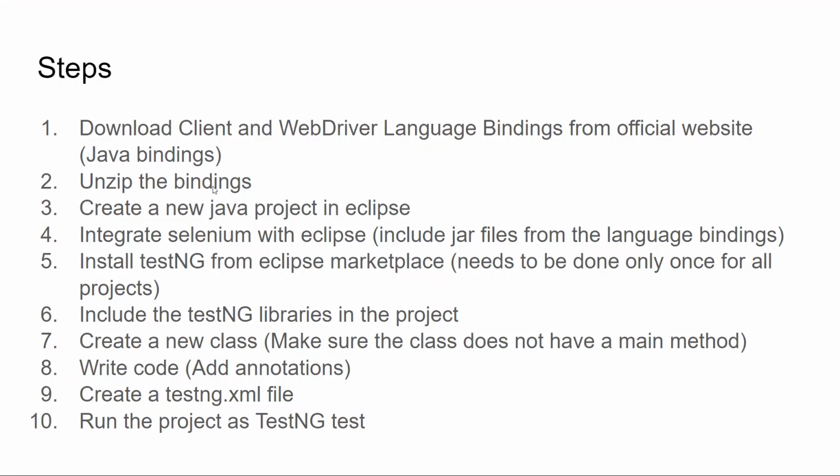So we'll unzip this binding. So there'll be certain jar files which are available, right? These jar files will be integrated with our Eclipse. So we'll be creating a new Java project in Eclipse and integrate these unzipped bindings with Selenium. We'll be installing TestNG from Eclipse Marketplace. Right?